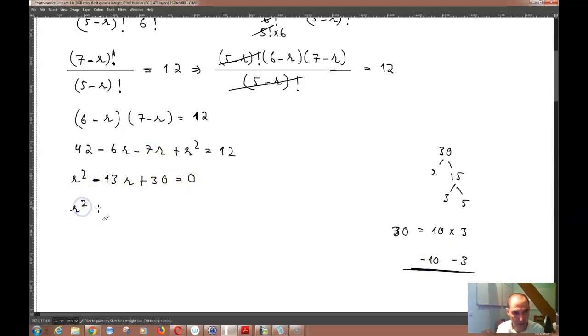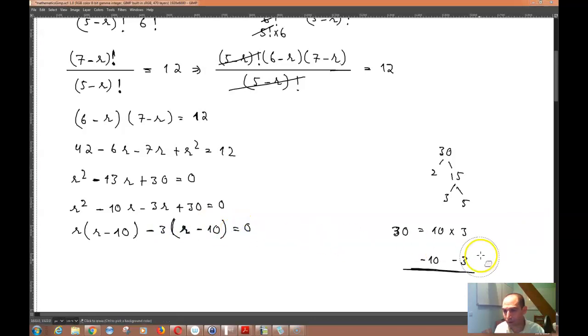So you write it as r squared minus 10r minus 3r plus 30 is equal to 0. And then r times r minus 10 minus 3 times r minus 10 is equal to 0.